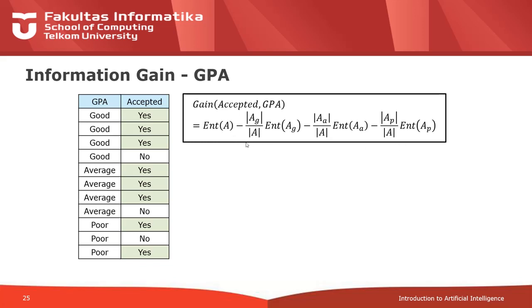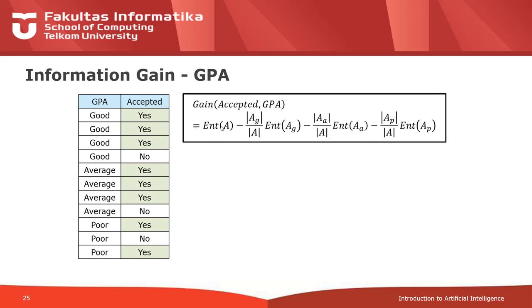We have a sum over each of the possible values of this input attribute GPA. Because we have good, average, and poor, we need to calculate the Shannon entropy of good, then the Shannon entropy of average, and then the Shannon entropy of poor, and then we put that into this formula.